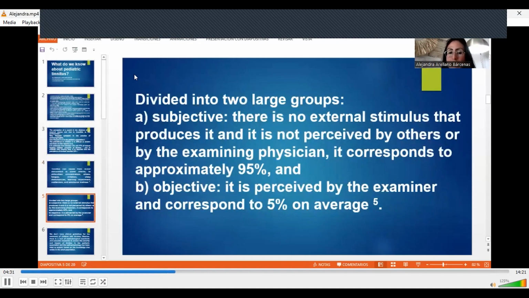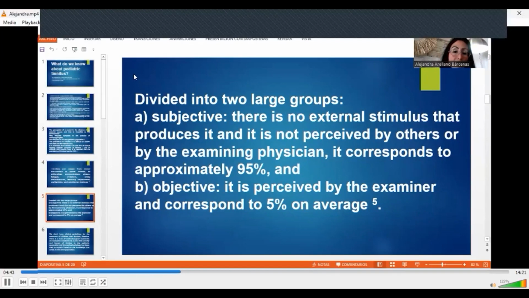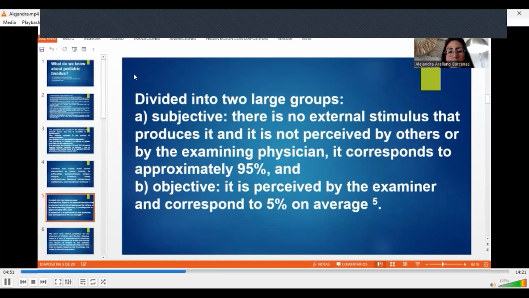The first is subjective, and in here there is not an external stimulus that produces it, and isn't perceived by others or by the examining physician, and it corresponds to approximately 95%. And the other group is the objective. It is perceived by the examiner and corresponds to 5% more or less.